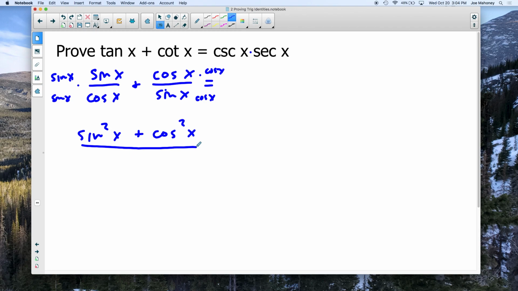When I combine them with a common denominator, my common denominator is sine x cosine x. Now, here's a good reason why we want to get things in terms of sines and cosines. Because we know that in the numerator, sine squared plus cosine squared equals 1. So this whole thing reduces to 1 over sine x cosine x.